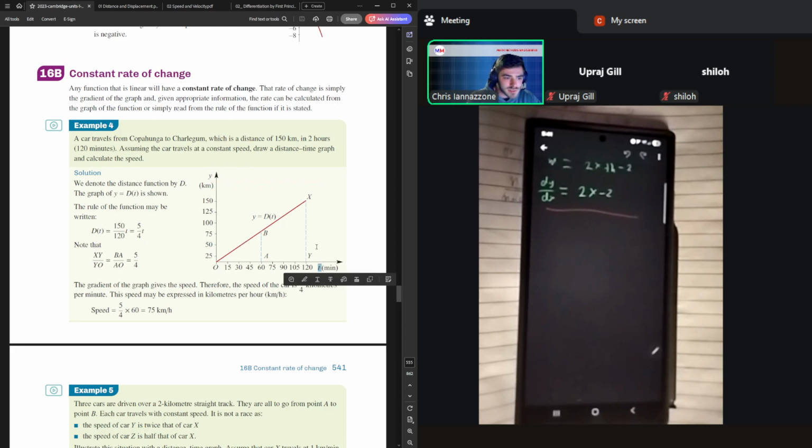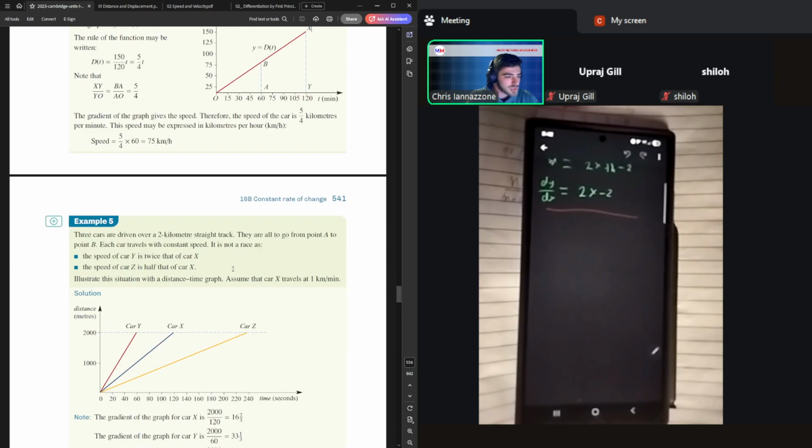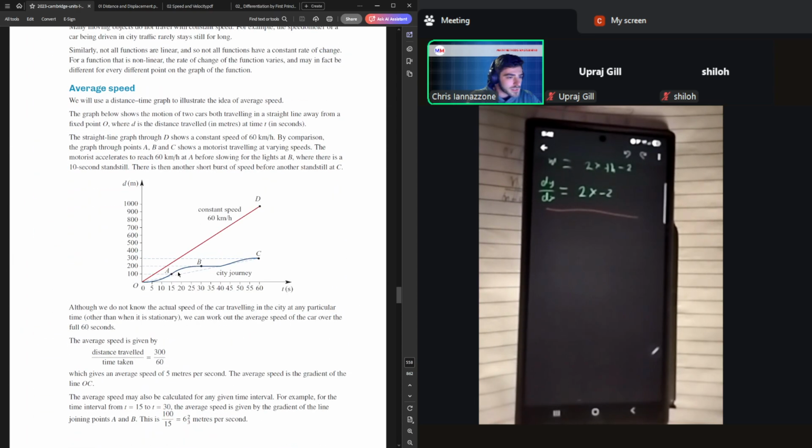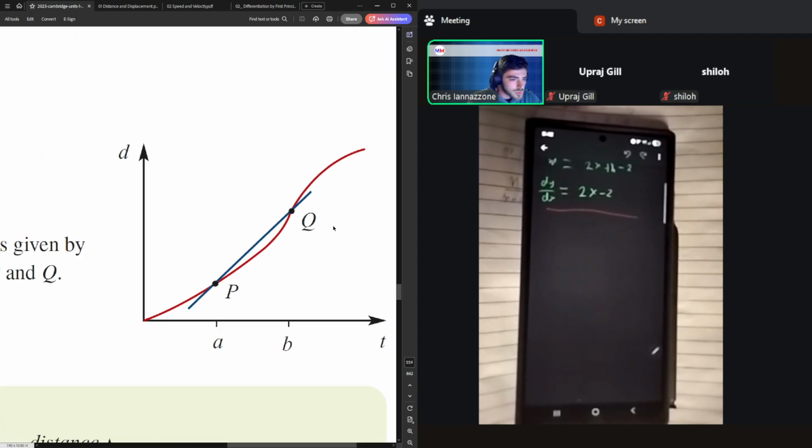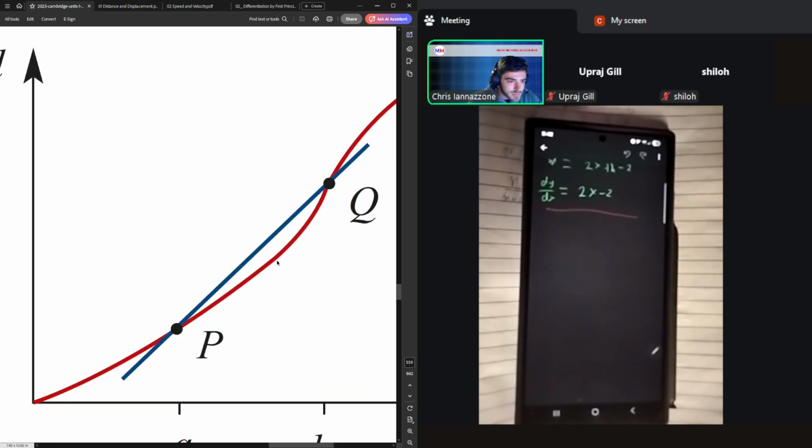Again, we have distance and we have time. So if the entire journey is a flat line, then when you do your rise over run, you are finding the exact speed for the journey. Whereas when you have this wobbly thing, you're now finding the average over the journey. Because even though it's going through peaks and troughs, when you draw your straight line connecting those 2 points and you find the slope of that, you can see there might be some parts of the journey which have that exact same slope.